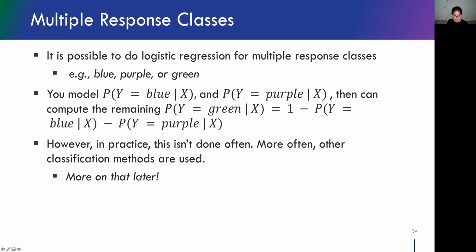In practice, this is not done very often, and for those scenarios we would use other, more advanced or just different classification methods. We will talk about those in later chapters when we discuss classification formally.